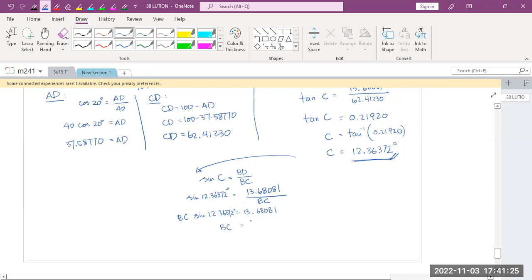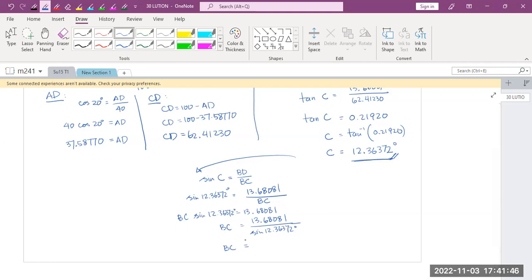BC therefore is 13.68081 over sine 12.36372 degrees. Now calculator time, and after that we are done. 13.68081 divided by sine of 12.36372, I get 63.8944.